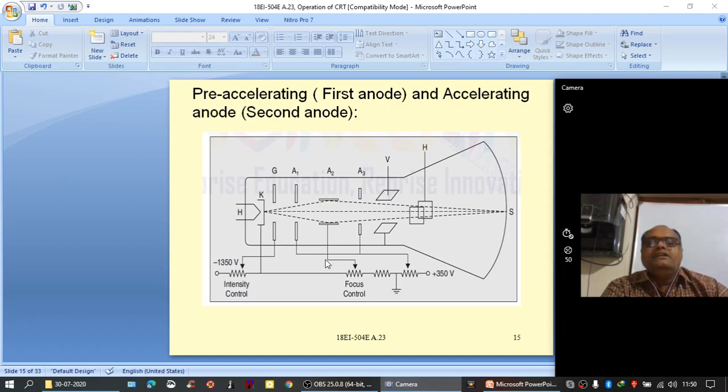And the focusing anode's purpose is, by adjusting this focus control, we have to see that the beam has to be sharp. A double concave lens type of arrangement of the electric field will make sure that the electron beam converges to one single line.